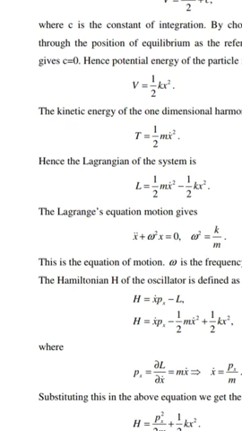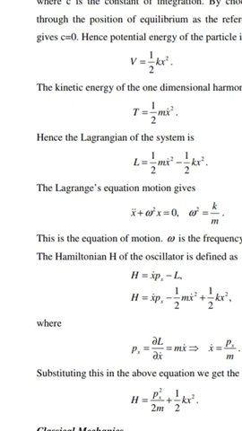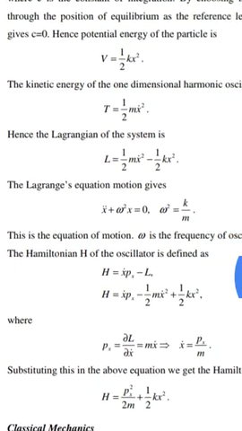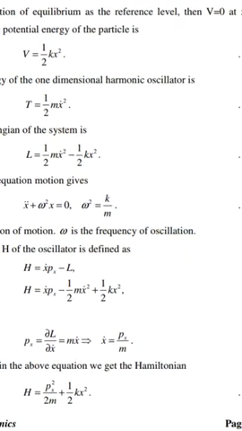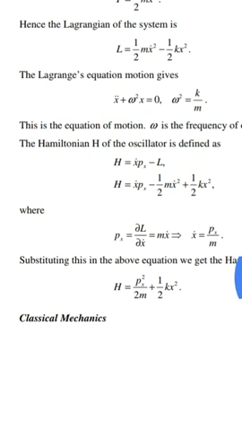Lagrange's equation of motion gives x double dot plus omega square x is equal to 0, where omega square is equal to k by m. This is the equation of motion, and omega is the frequency of oscillation.